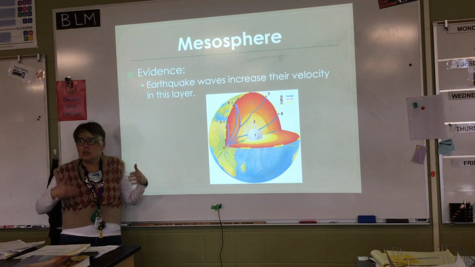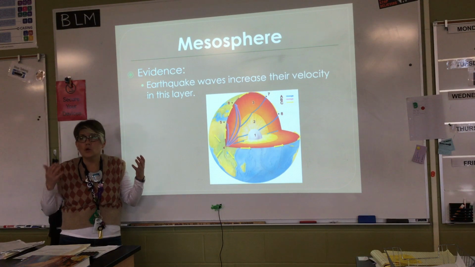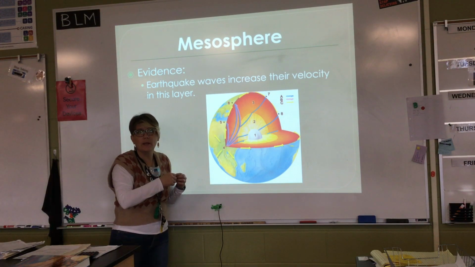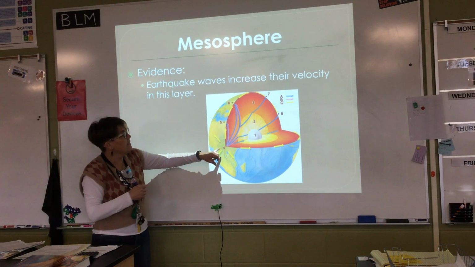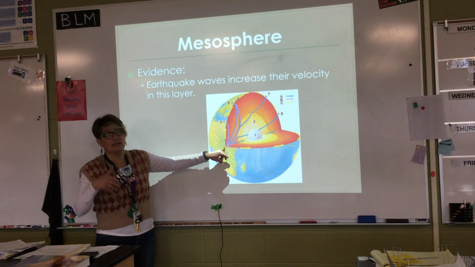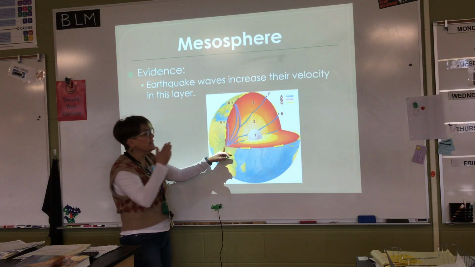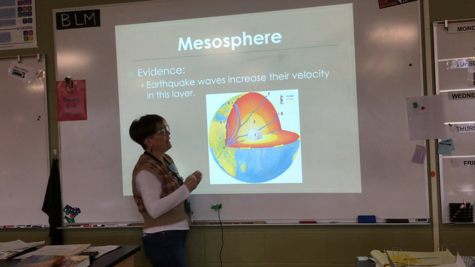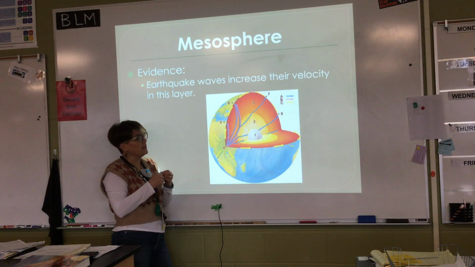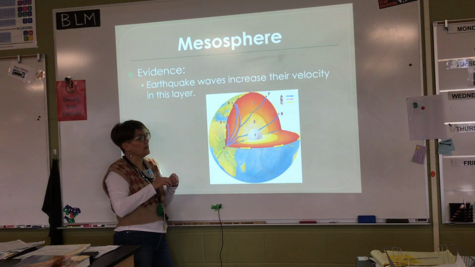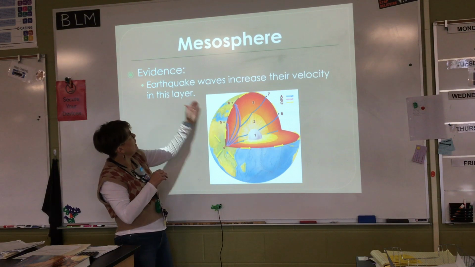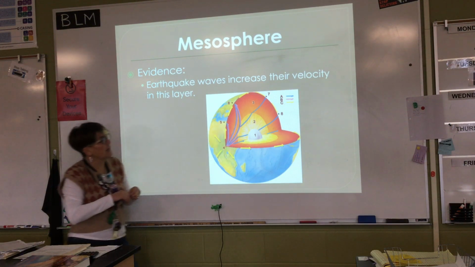If we look at what earthquake waves can move through in a laboratory setting, and then when there's an earthquake like in San Francisco, California, we study where it comes out and how long it took for that earthquake to get to another side of the planet, we can figure out what the inside of the earth looks like.